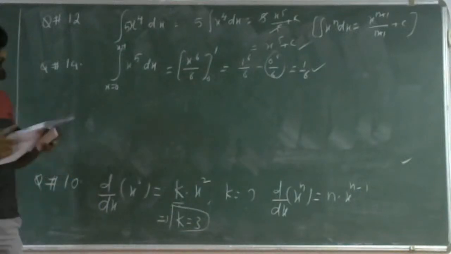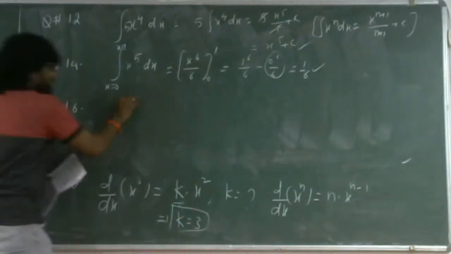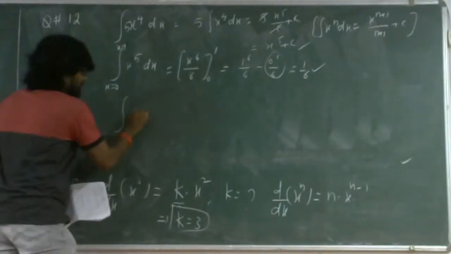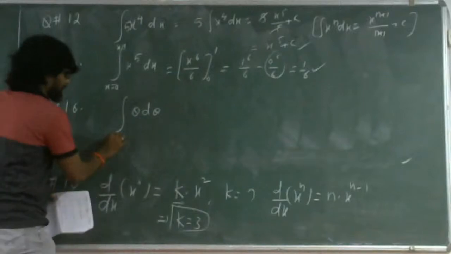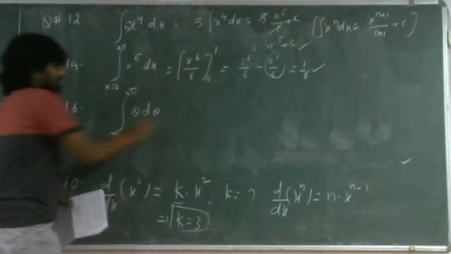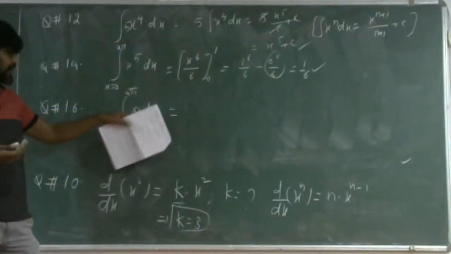Question number 16. Integral of theta d theta, where theta goes from pi to 2 pi. So this is something like integral of x dx, which is x square by 2.